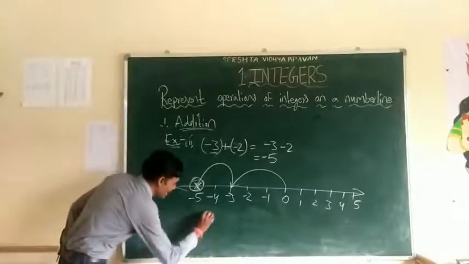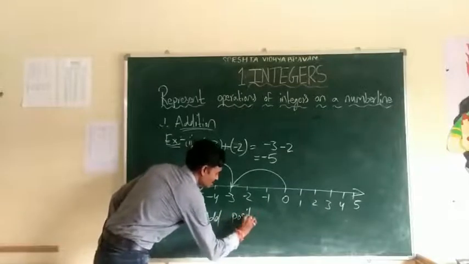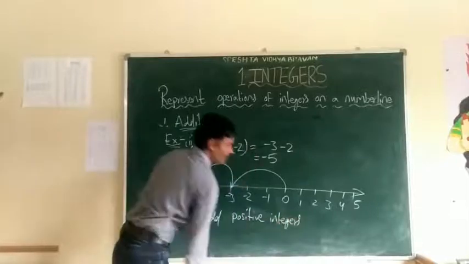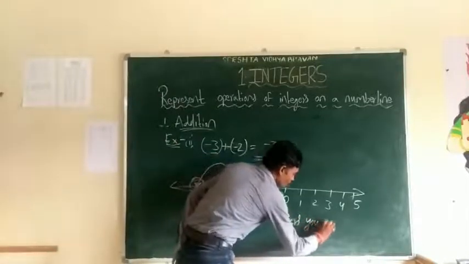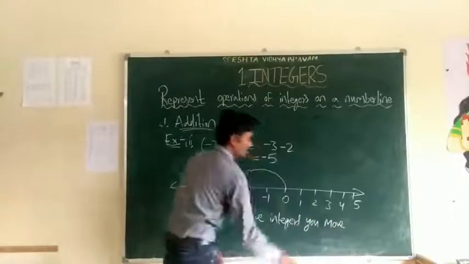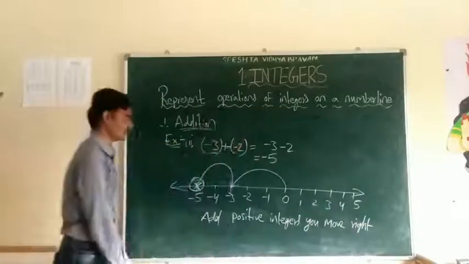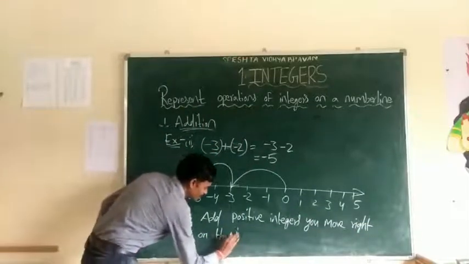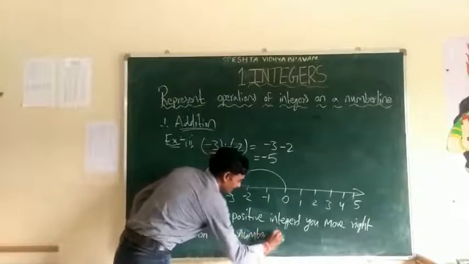First of all, add positive integers. You move right on the number line.